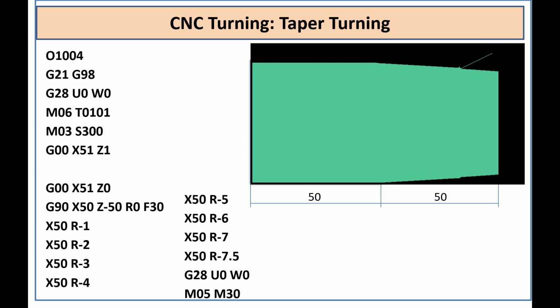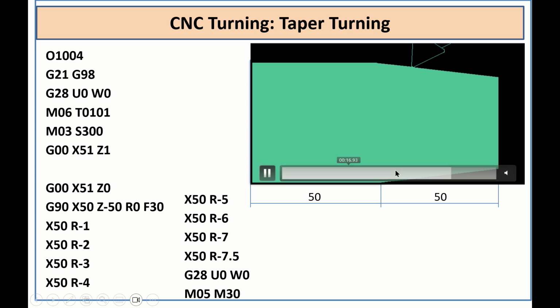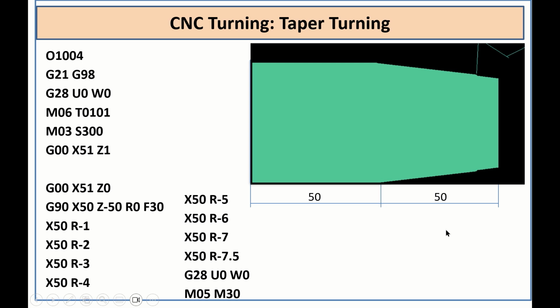So it is performing these cycles several times. Here I gave only 8 cycles, so it is performing the operation 8 times. This way we can continue the tapering operation. Let us see this in our software also.